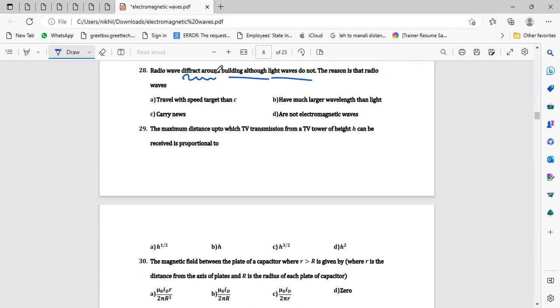You know that the radio waves have much larger wavelength compared to the light, because after radio you are going to get micro, after micro infrared, after infrared you are going to get visible. So infrared has much larger wavelength compared to the visible. Since it has more wavelength, it is going to diffract more. So option B will be the right answer.